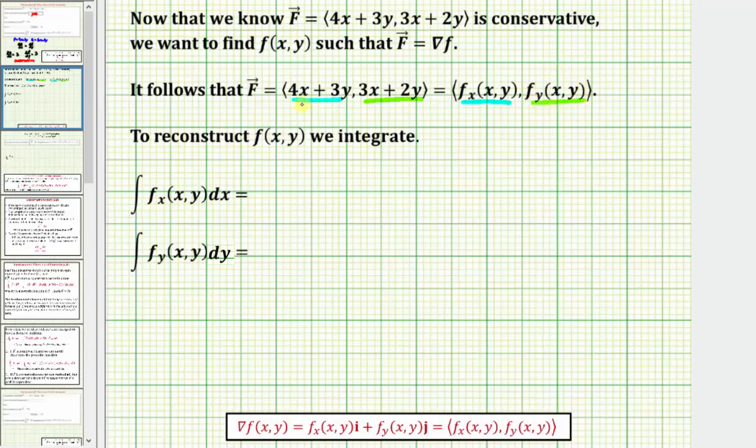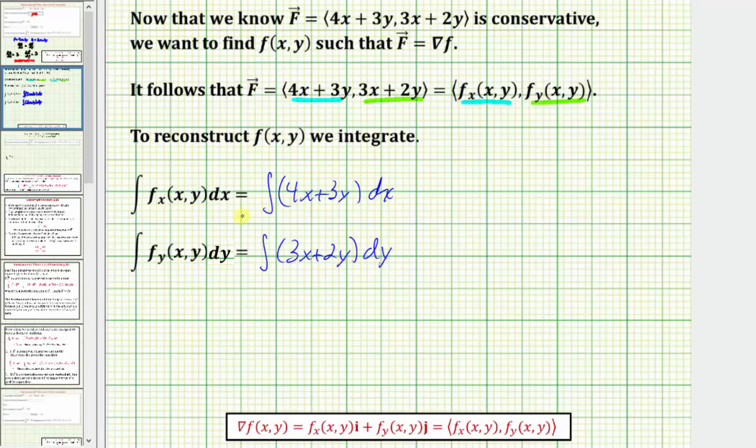So to reconstruct the potential function f of x comma y, we'll integrate the x component with respect to x and the y component with respect to y. So here we'd have the integral of 4x plus 3y integrated with respect to x, and here we have the integral of 3x plus 2y with respect to y.